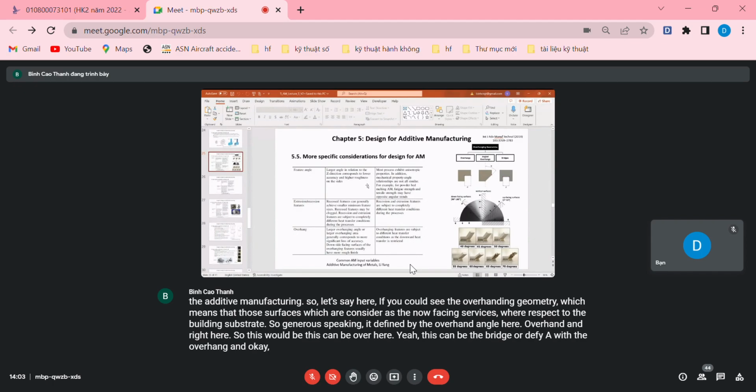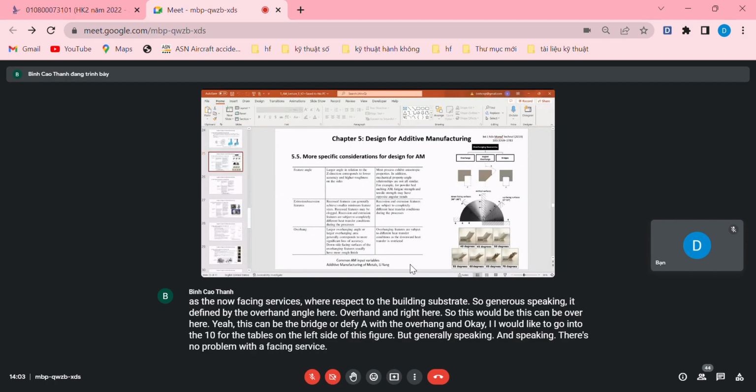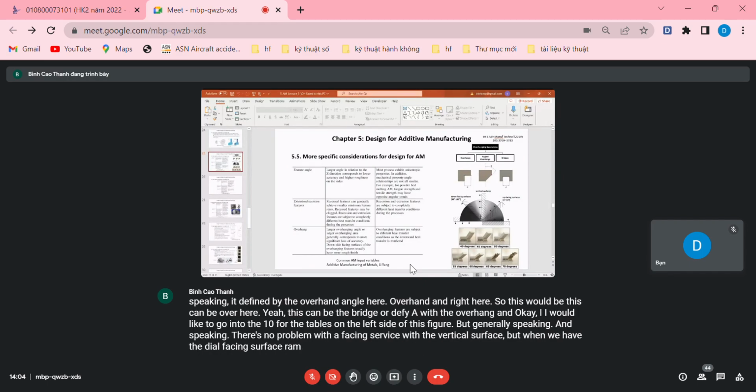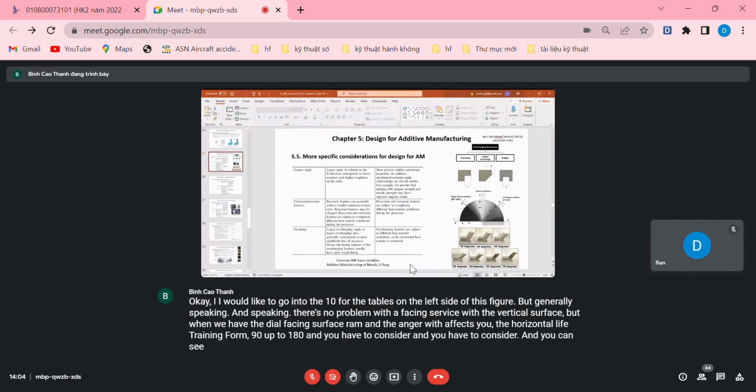I would not like to go into detail for the tables on the left side of this figure, but generally speaking, there's no problem with the up-facing surface or the vertical surface. But when we have the down-facing surface, when the angle with respect to the horizontal line ranges from 90 up to 180, you have to consider the effect of overhang angle on the quality of the down-facing surface.